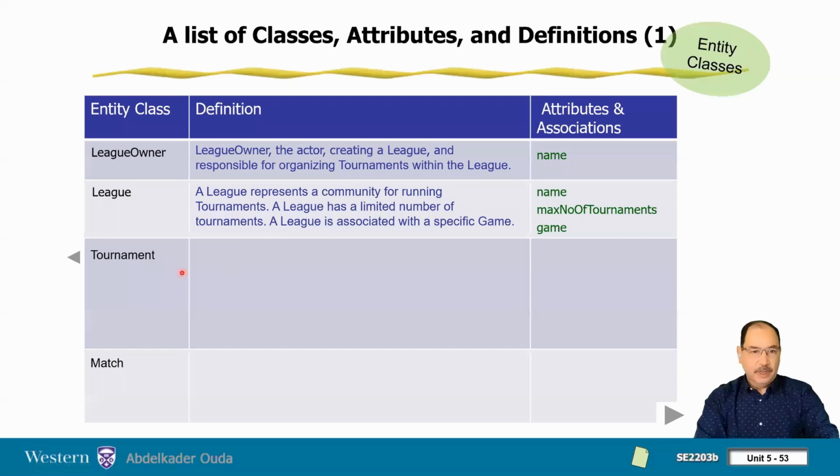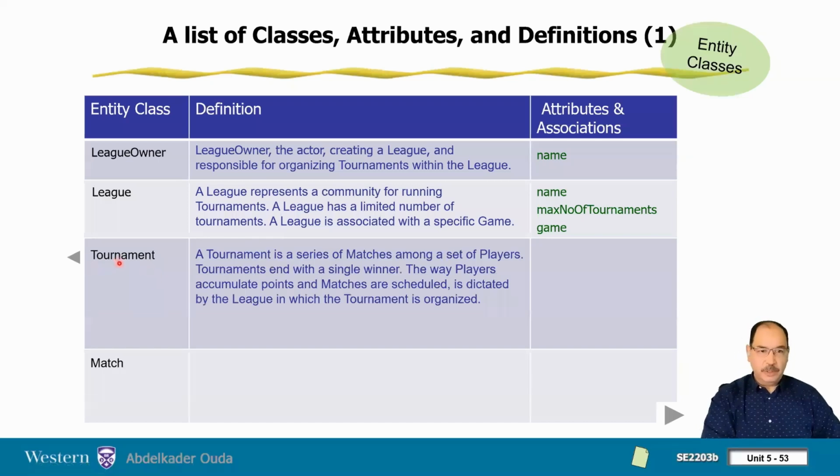So now we see that we are able to draw two classes and the association relationship between them. Now, tournament. What do you mean by tournament? We already identified an entity class named tournament. The tournament is a series of matches among a set of players. Tournaments end with a single winner. The way players accumulate points and matches are scheduled is dictated by the league owner in which the tournament is organized.